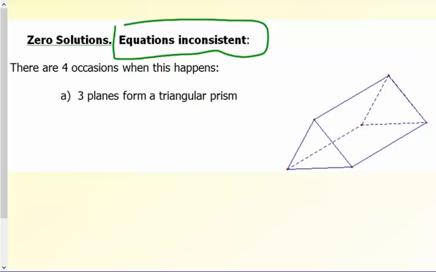So 2 of the planes will meet at a line, 2 other planes will meet at a line, and the third pair will meet at a line, but there's no point where those 3 lines will meet, and that's often called a triangular prism of planes. So there's no solution to that. There's no unique solution. There's no point where all of those 3 planes will meet. So that's the case number 1.